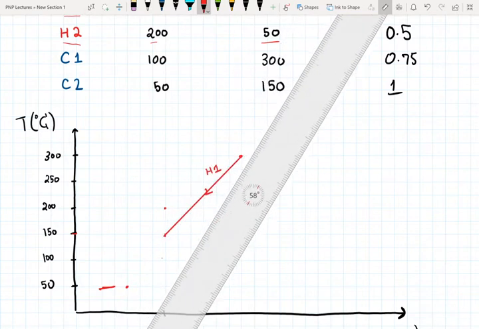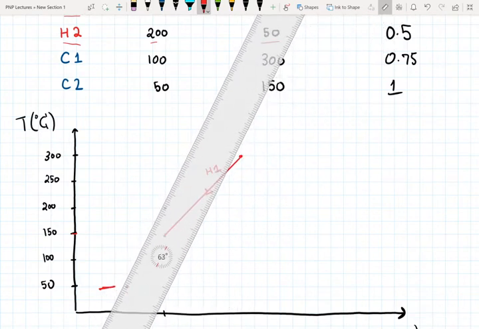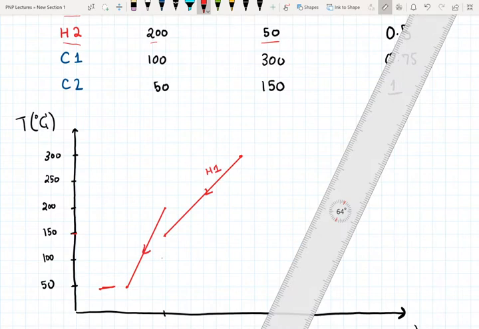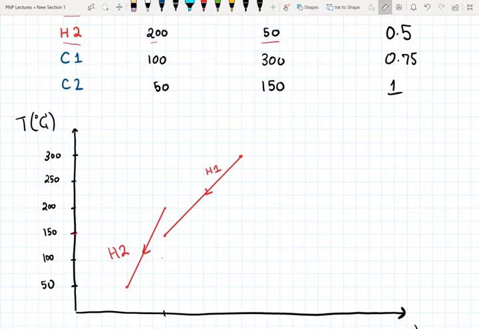All right, there we go. So right now we have both of the individual hot streams.